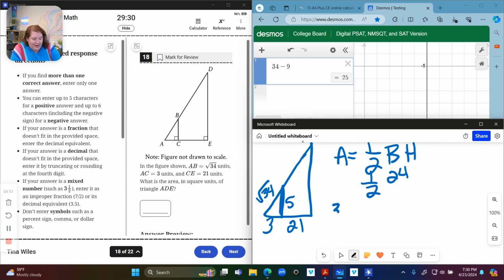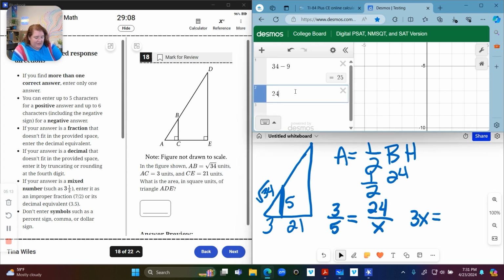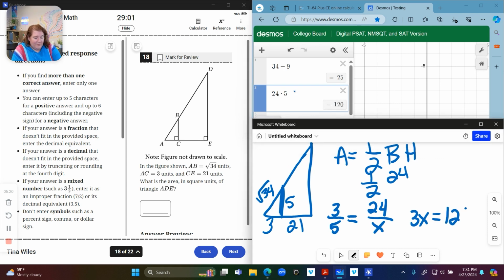So the small triangle, 3 is to 5 as the base. I have to look at the whole thing. 3 plus 21 is 24. So the long side of this triangle is to x. So cross multiply, 3x equals 24 times 5 is 120. 120 divided by 3 is 40.